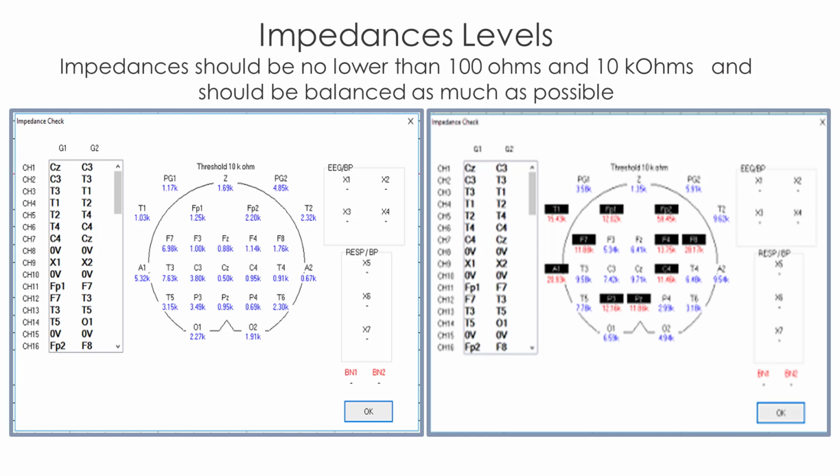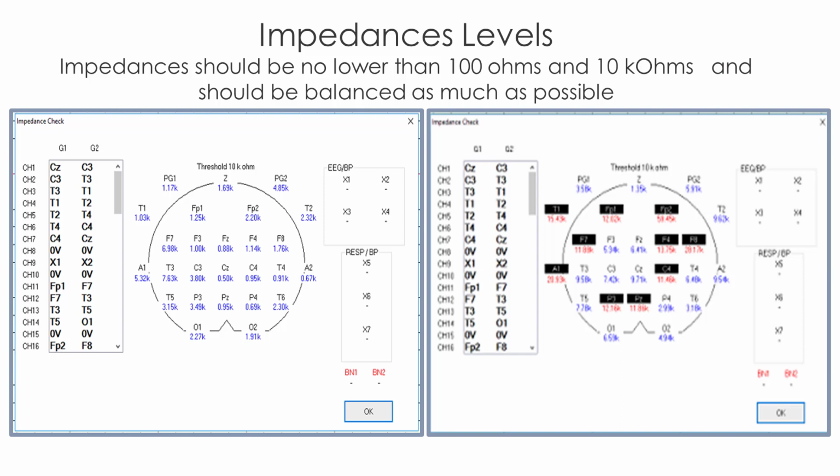Earlier I mentioned that your facility has probably given you impedance level requirements that need to be under 5 to 10 kiloohms. This is probably based off of the ACNS guidelines, which require a minimum EEG technical standard for impedances to be not below 100 ohms, but not above 5 to 10 kiloohms if necessary.